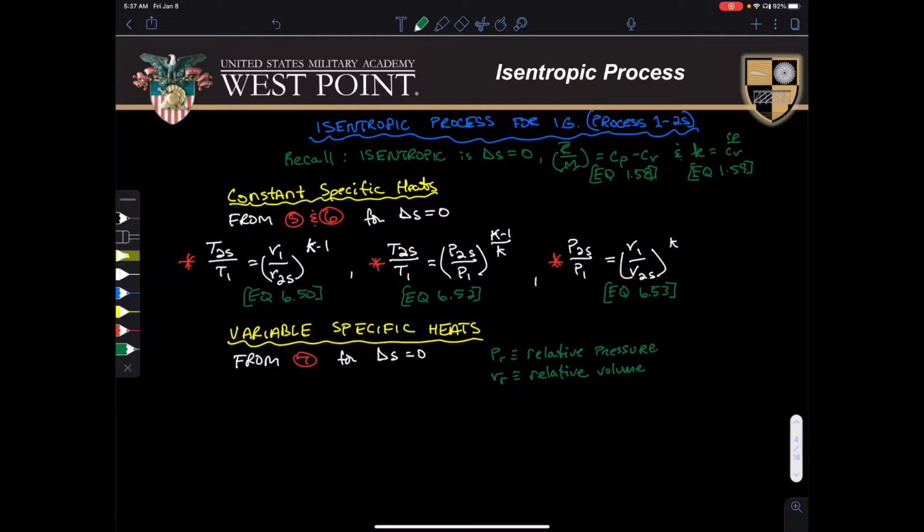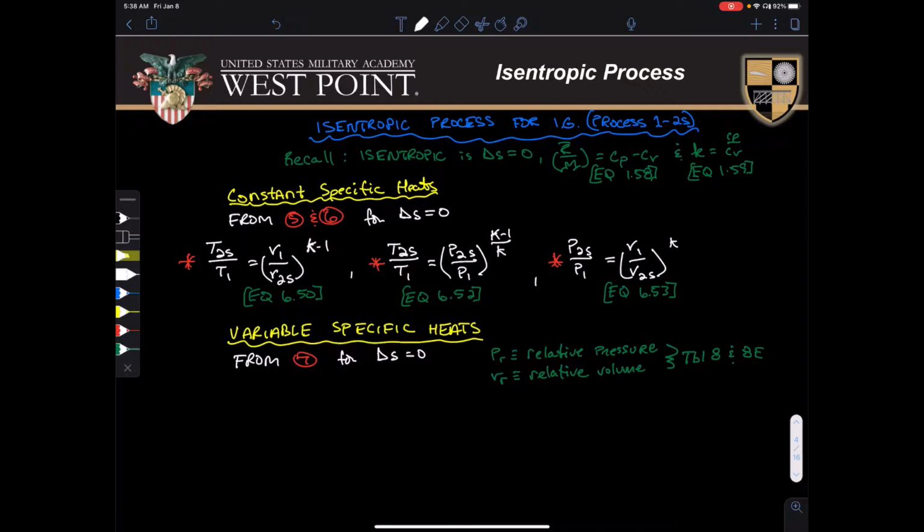And these are simply, as I say, convenience functions to use in the derivation of our 2 isentropic equations for variable specific heats. And you can find the values of both of these, relative pressure and relative volume, for air only, and that will be in table 8 or table 8 echo. Okay, so let's write out our 2 variable specific heats isentropic relations.